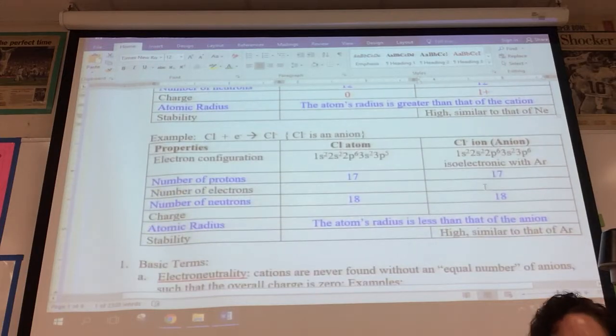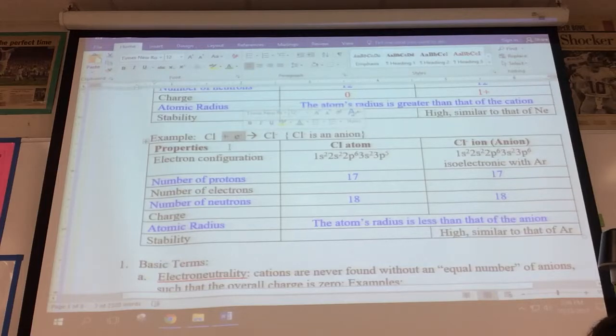In contrast, atoms can gain 1 or more electrons to form anions. So for example, chlorine will gain 1 electron, the electron's on the left side of the equation, to form the chloride ion.